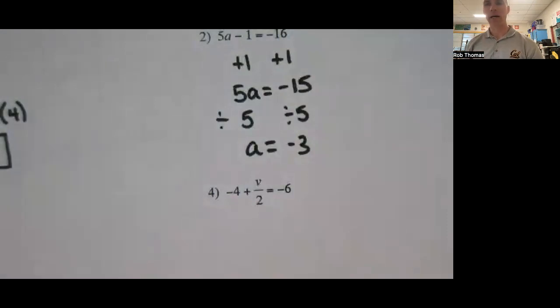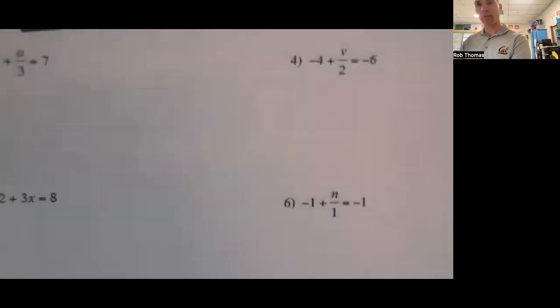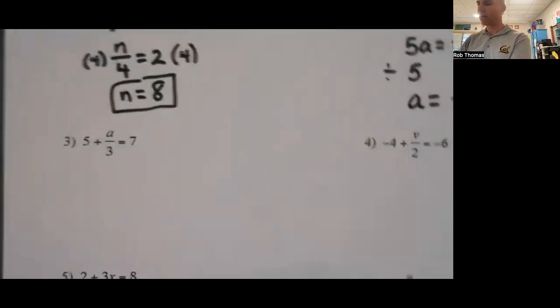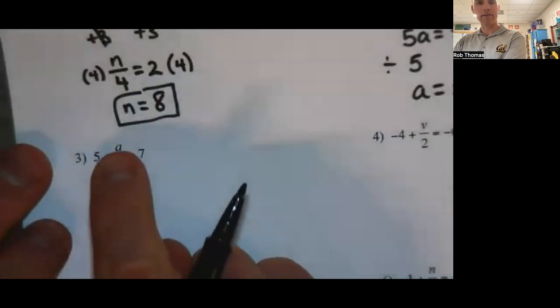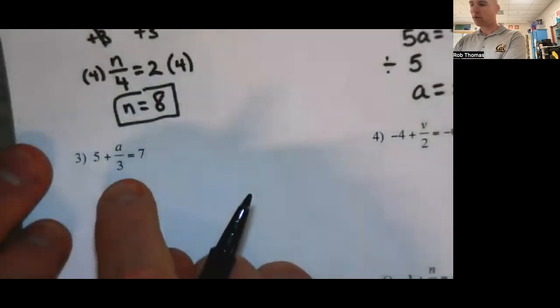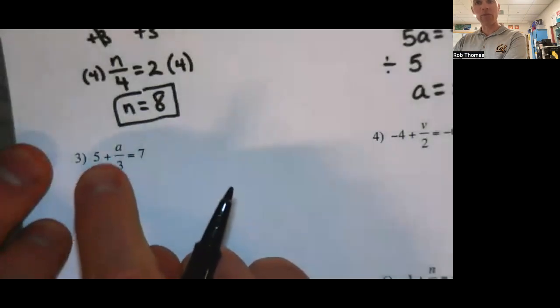Okay, so hopefully you've had about 8 minutes to work on these. Let's do a few more. I'm going to go a little bit slow at first, right? Still explaining, but then I'll just do a couple a little bit faster for you to watch. So this says 5 plus a divided by 3. So I've got addition by 5.